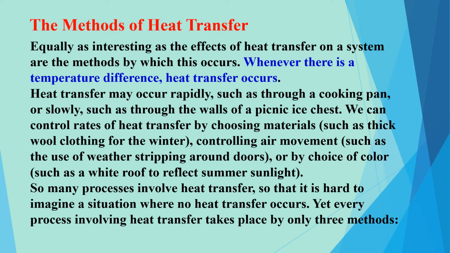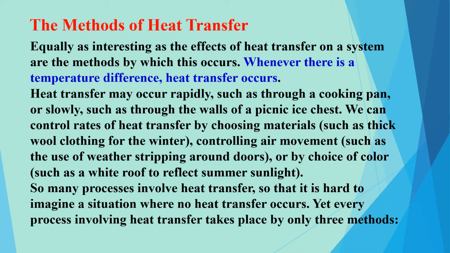Equally as interesting as the effects of heat transfer on a system are the methods by which this occurs. Whenever there is a temperature difference, heat transfer occurs. Heat transfer may occur rapidly, such as through a cooking pan, or slowly, such as through the walls of a picnic ice chest.